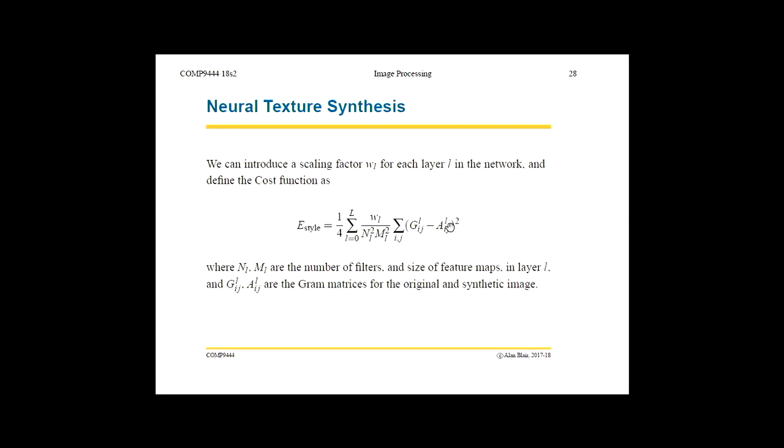So we take the entries of one matrix minus those of the other matrix, square them and add them up. This here is just a normalizing constant: because of this sum, we divide by the number of filters and the size of the feature maps.